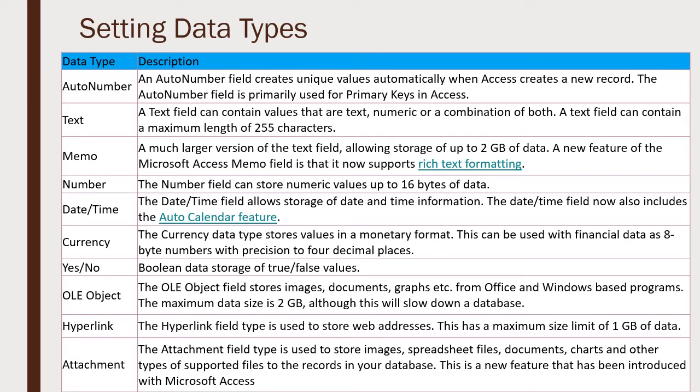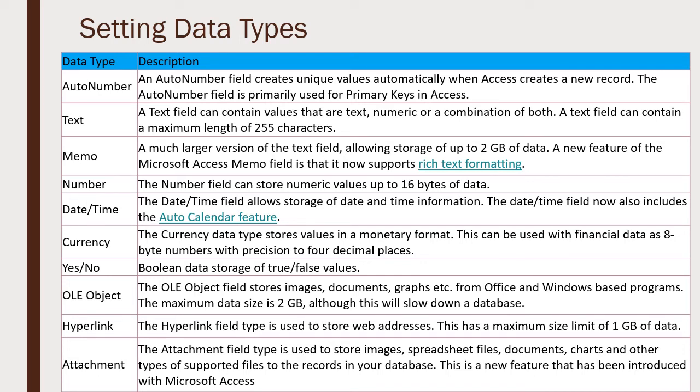Memo. Memo is a much larger version of the text field, allowing the storage of up to 2 GB of data. A new feature of the Microsoft Access memo field is that it now supports rich text formatting. Memo is very useful. Suppose you want to give a description about any field, for example, you want to write remarks of 2, 3, 4 lines about any field.